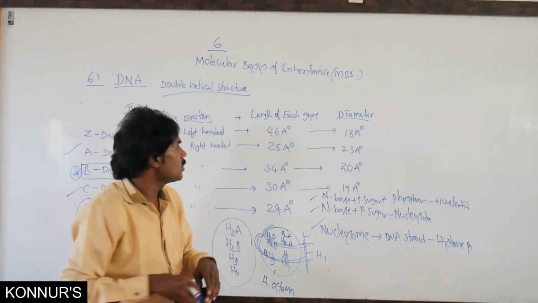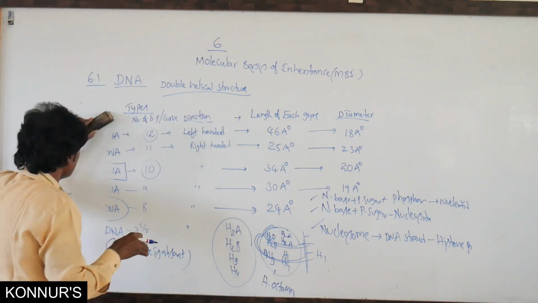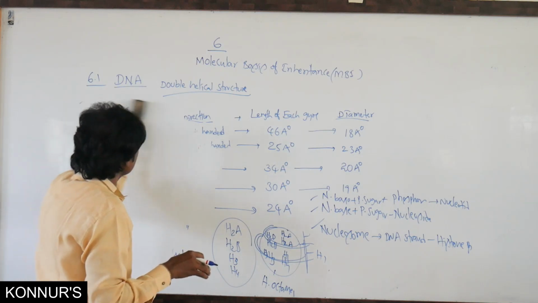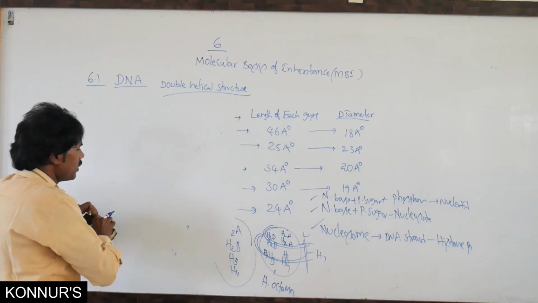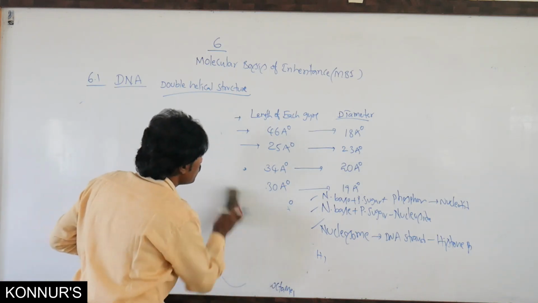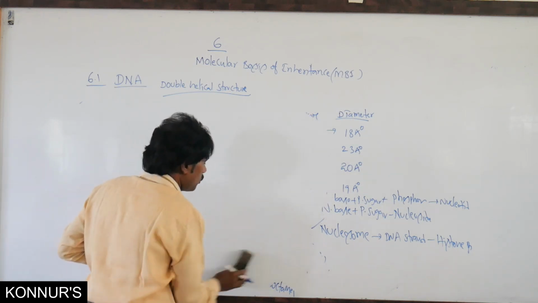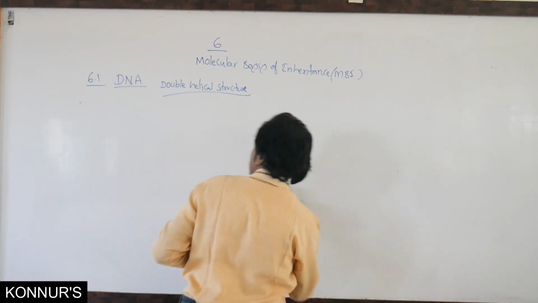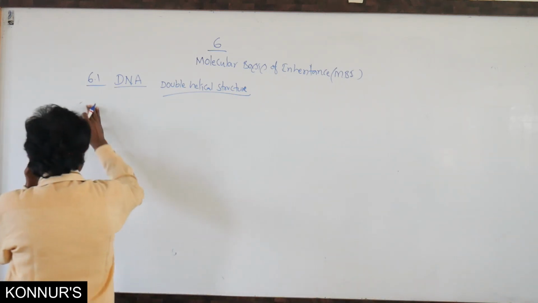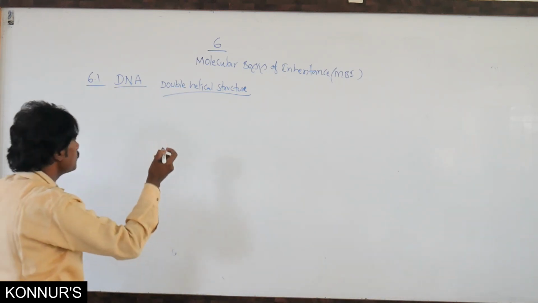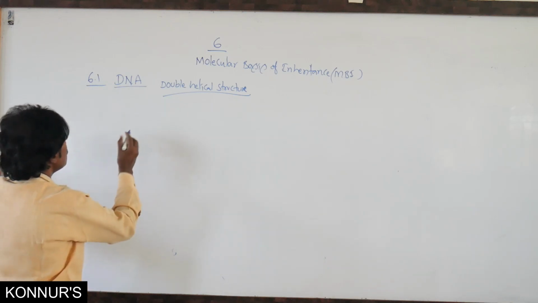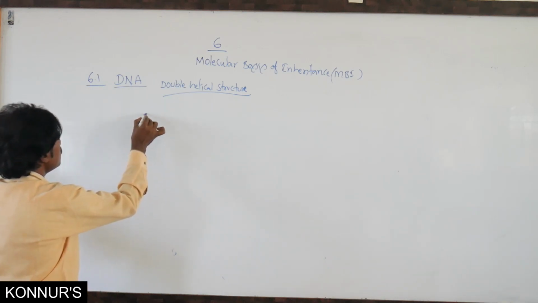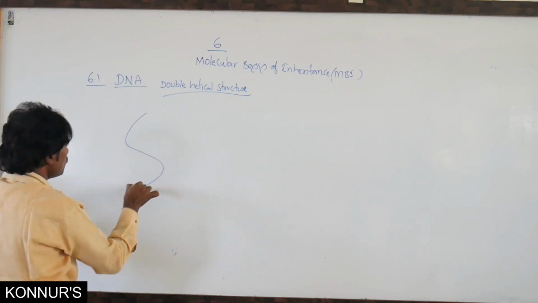Then, related to that particular structure, which one is connected between nitrogen bases as well as the sugar molecule? That is very easy under nitrogen bases. Normally DNA is present like this double helical structure.